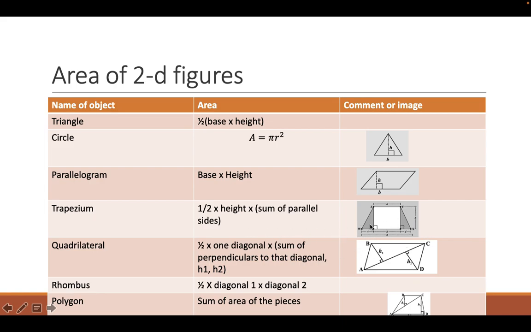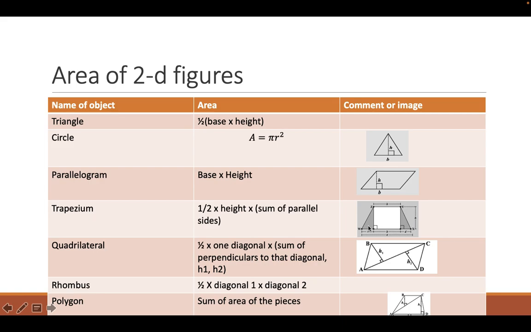These are the parallel sides, A and B, so it is half multiplied by H multiplied by A plus B. You can figure it out yourself, or see some reference online or in a book for how the area of the trapezium is calculated. In this case it's nothing but the area of three pieces.